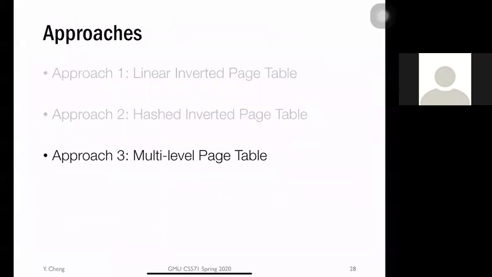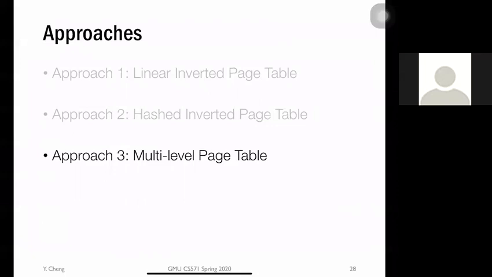Next, let's move on to the third approach, which is called multi-level page table. Let's say we want to index into an extremely large virtual address space, where even using a globally shared page table is not enough.